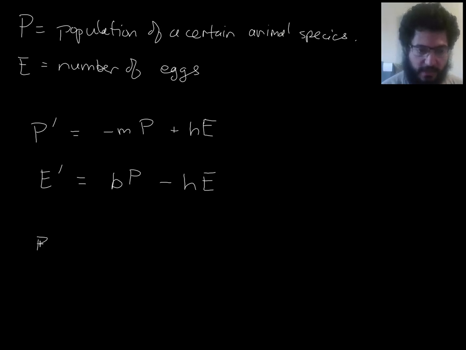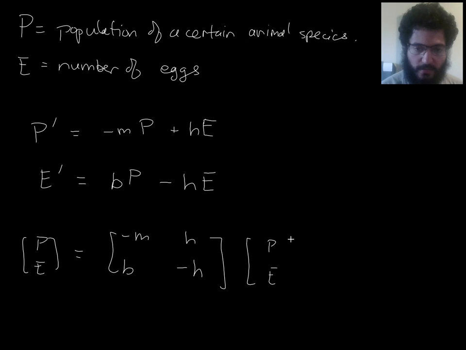So we can write this as, this vector P E equals, and then this matrix of coefficients times P E. Prime here. Sorry, let me just put a big prime here. So how about I call it x?